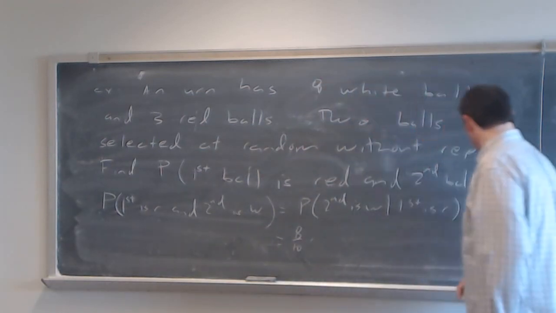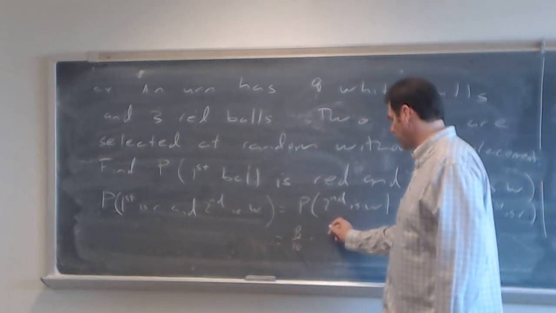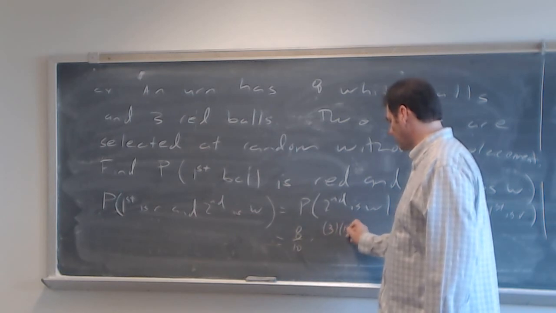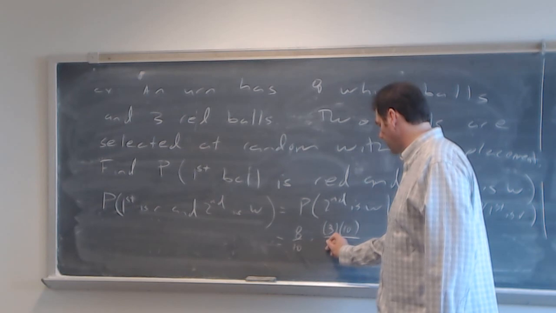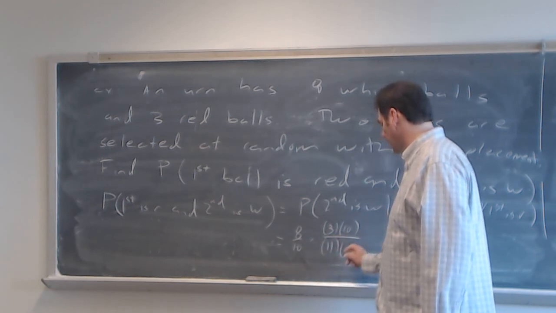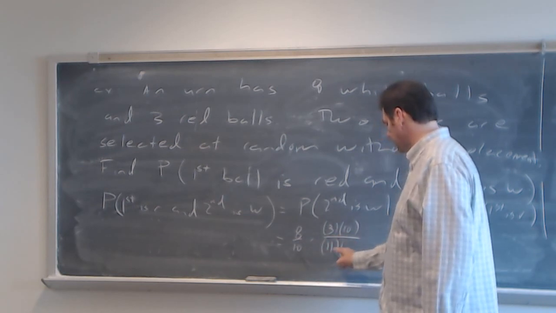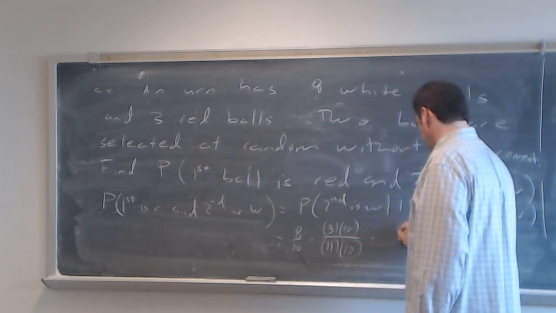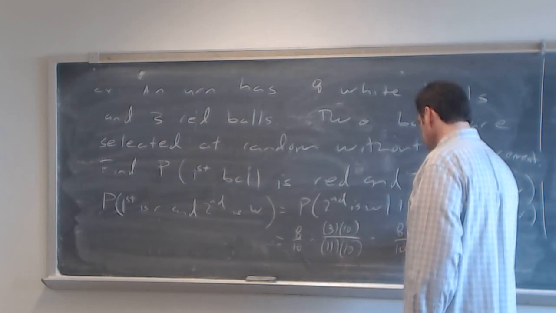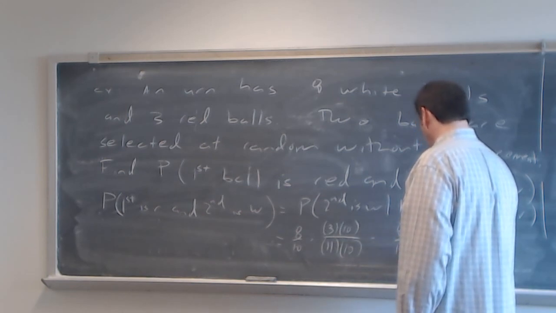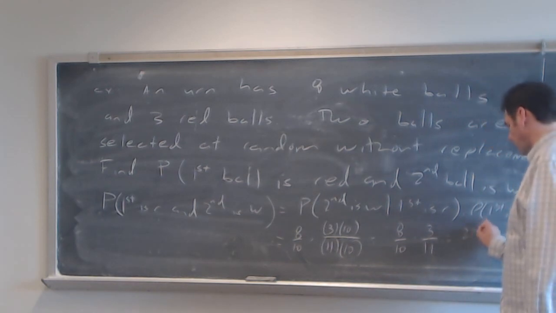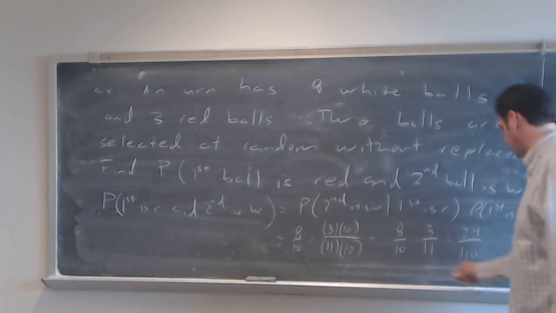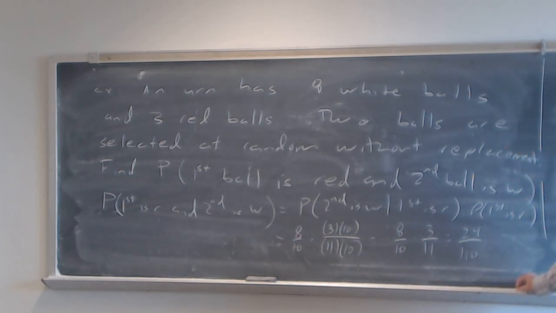Times the probability that the first is red. Well, the number of ways of getting the first to be red is 3, over the number of ways of getting the first ball, which is 11. So here's what we end up getting: 8 over 10 times 3 over 11. So this is 24 over 110. It reduces, of course, but I'll leave the answer there.